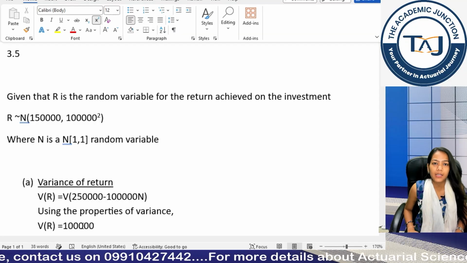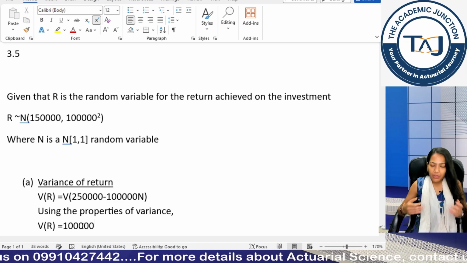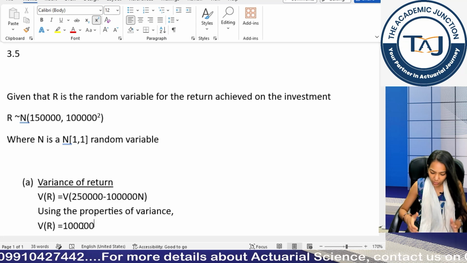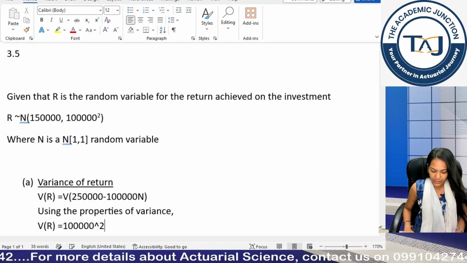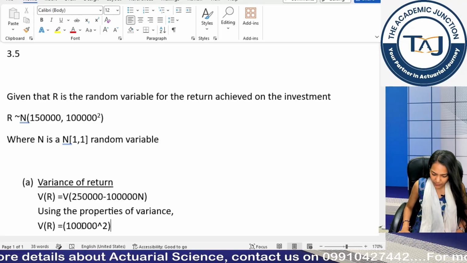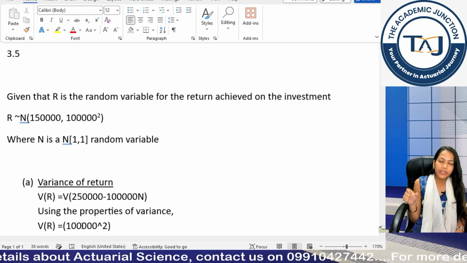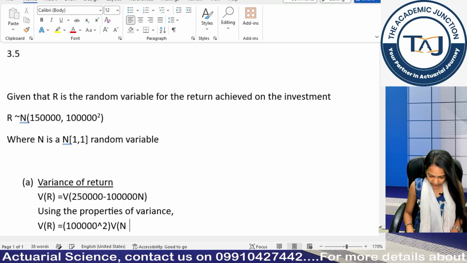For square we go to the superscript, so we have Control Shift Plus. If you are using a normal approach and do not want to go to the superscript, you can simply use this sign, but make sure you are using the brackets. This is also considered 100,000 squared times the variance of N.